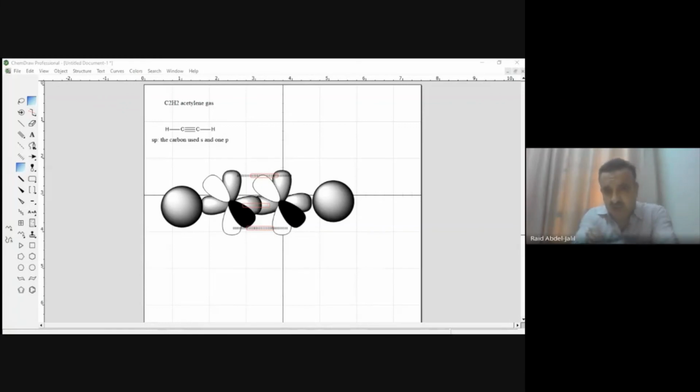This is how they look. So this is simply the acetylene gas bonding of the molecule. The shape around the central carbon atom of acetylene will be linear, the bond angle will be 180, and the hybridization will be sp.